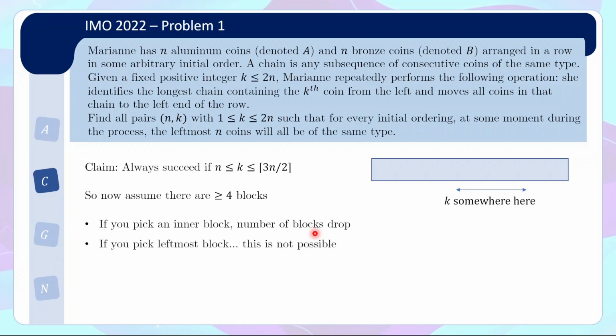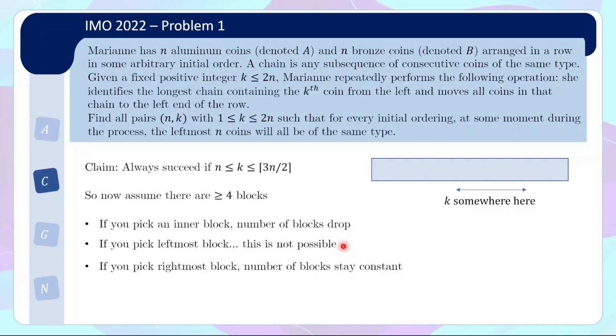If you pick the leftmost block, well, this is actually not possible because the leftmost block will have length at most n-1. So k being bigger than or equal to n will never point to the leftmost block. But it is possible that k actually points to the rightmost block.